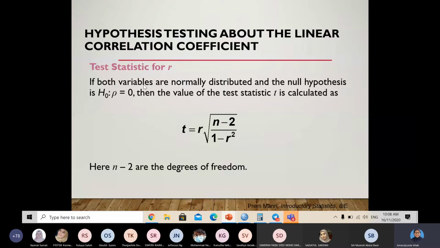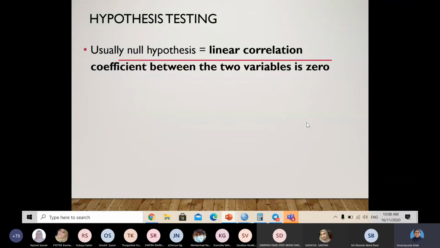If both variables are normally distributed and the null hypothesis is rho equal to 0, then the value of test statistic T is calculated as this formula. Okay. So usually the null hypothesis is that the linear correlation coefficient between two variables is 0.